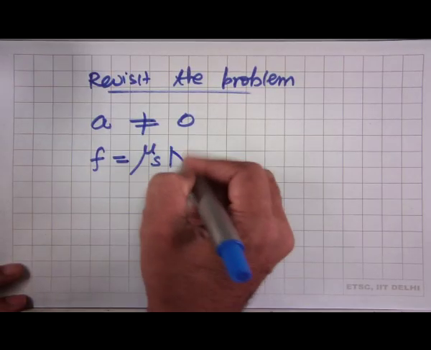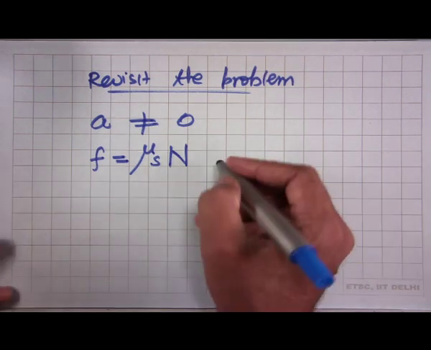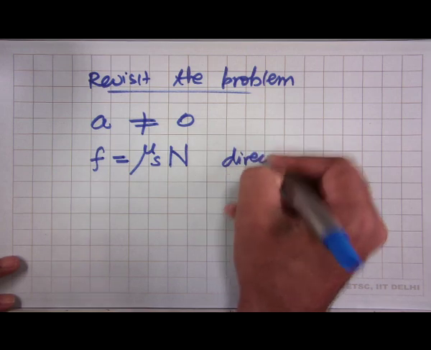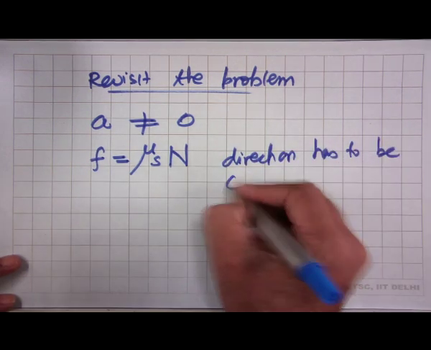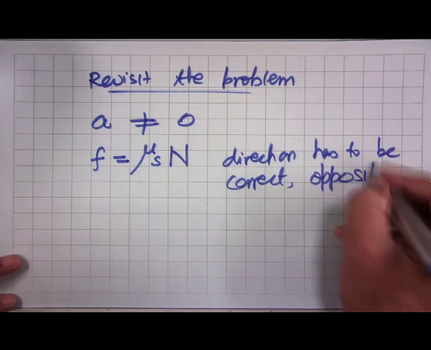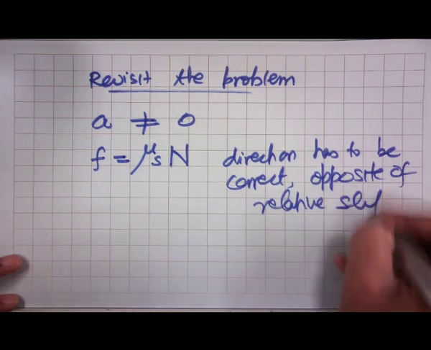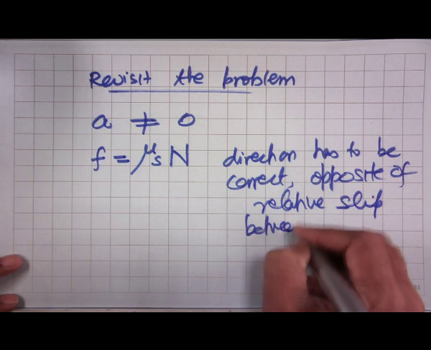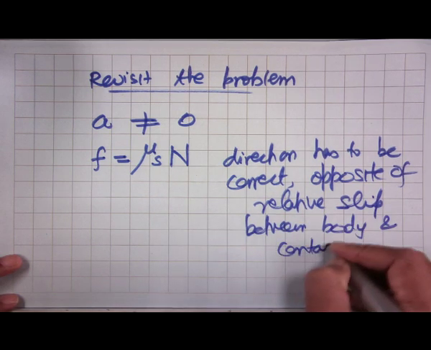We do not know the value of N till now, but we will put f is equal to mu s N, and its direction has to be shown opposite of the relative slip between the body and the contact surface.